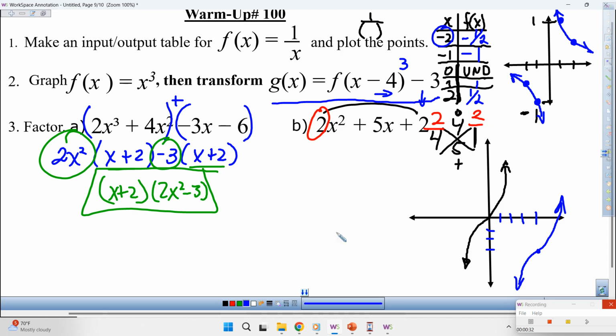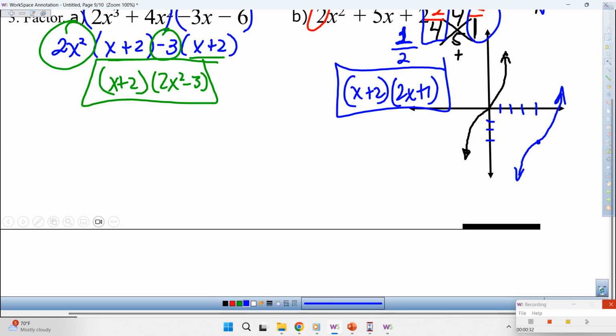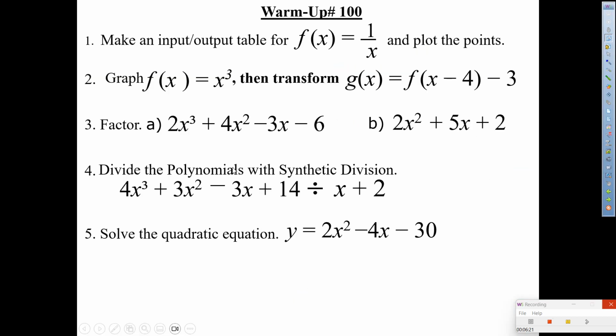So, can we simplify this fraction anymore? It's 1/2. So my factor is x plus 2. And this one is 2x plus 1. And for the sake of time, for synthetic division, I'm going to leave that to yourself.